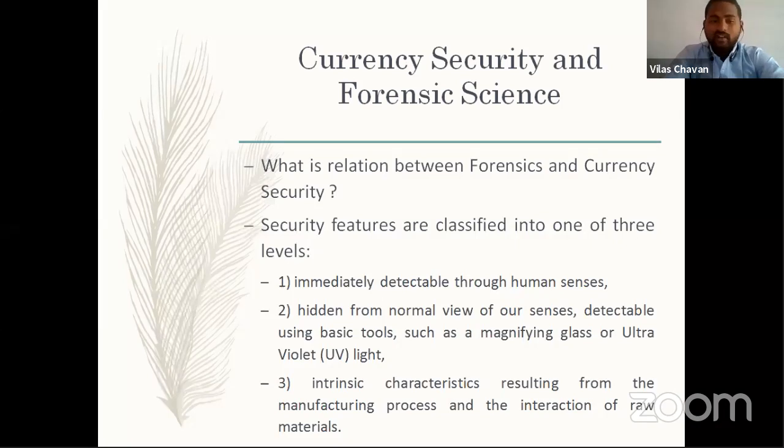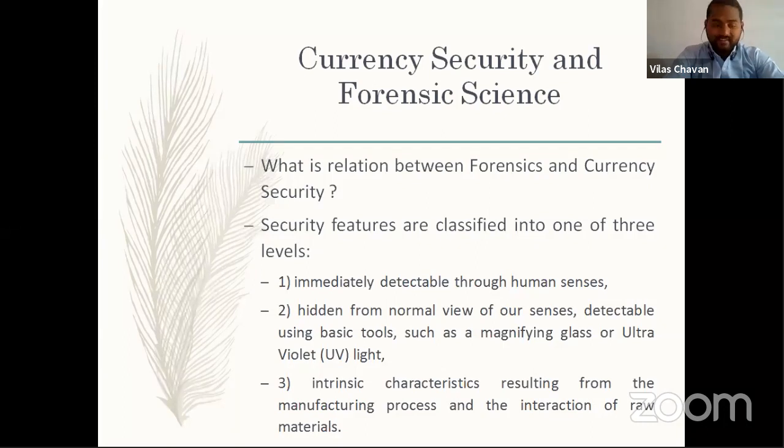So in short, when there is a circulation of fake Indian currency note, that is FICN, in the market, then that has to be seized by the appropriate authority and must be sent to the forensic department for further analysis.